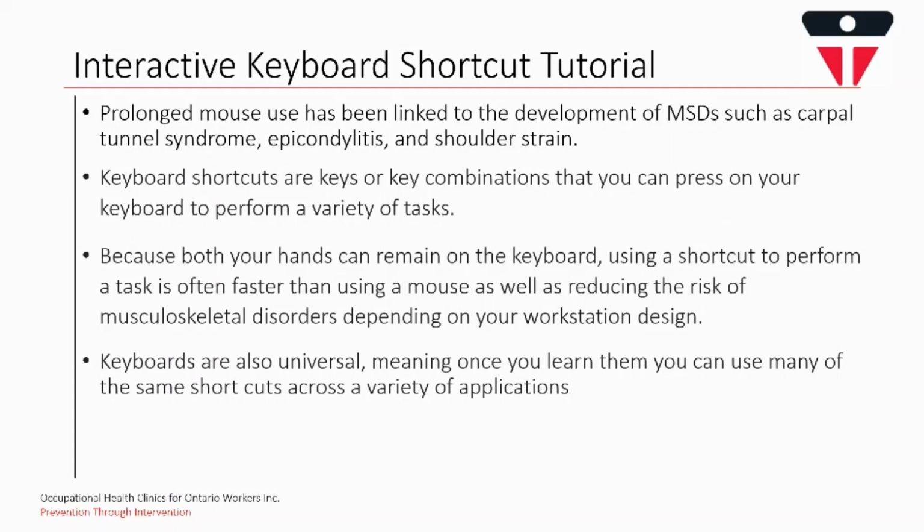Because both your hands can remain on the keyboard, using a shortcut to perform a task is often faster than using a mouse, as well as reducing the risk of musculoskeletal disorders depending on the design of your workstation. Keyboard shortcuts are also universal, meaning once you learn them, you can use many of the same shortcuts across a variety of different applications.